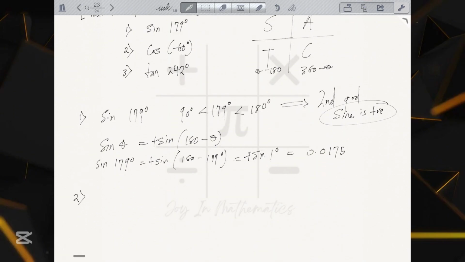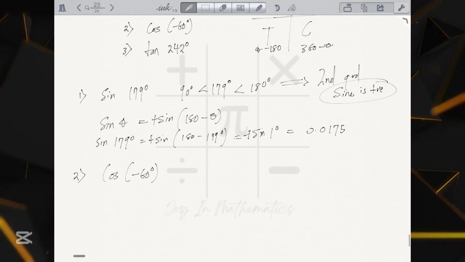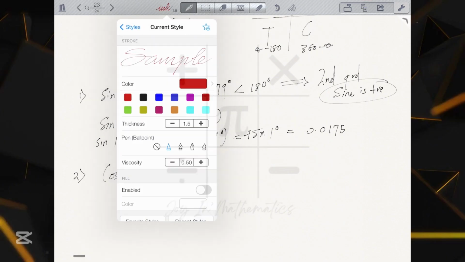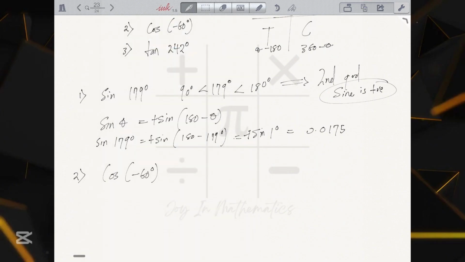Moving on, let's take cos minus 60 degrees. Now, minus 60 degrees is a negative angle, and we recall that we have a formula to convert these negative angles to a positive angle. By doing that we apply the principle that positive angle plus negative angle is equal to 360 degrees, which is the sum of angles at a point.